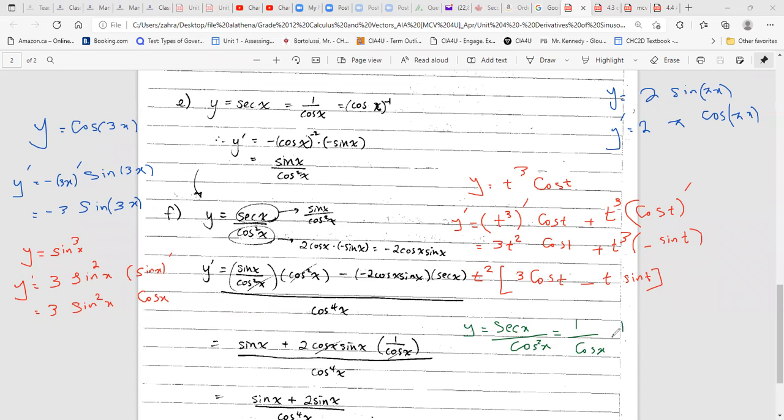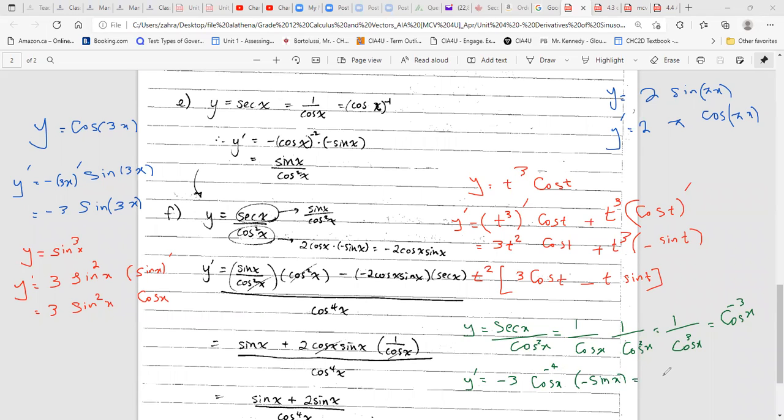And I have here 1 over cosine power 2 x. So I have 1 over cosine x power 3. I can bring it up and say this is cosine negative 3. So just use the power rule, power in front, power minus 1. Negative 3 minus 1 is negative 4. And the derivative inside, the derivative of cosine is negative sine x.